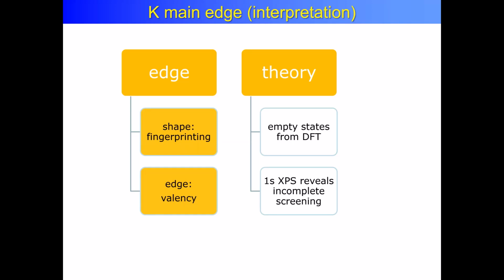I will not discuss what the edge is because that will probably take 1 hour. If you do theory, in first approximation you say the empty states come from density functional theory, from whatever code you like. But if you have ionic systems, then the 1s XPS reveals incomplete screening, and that has to be incorporated into the analysis of the edge shapes.